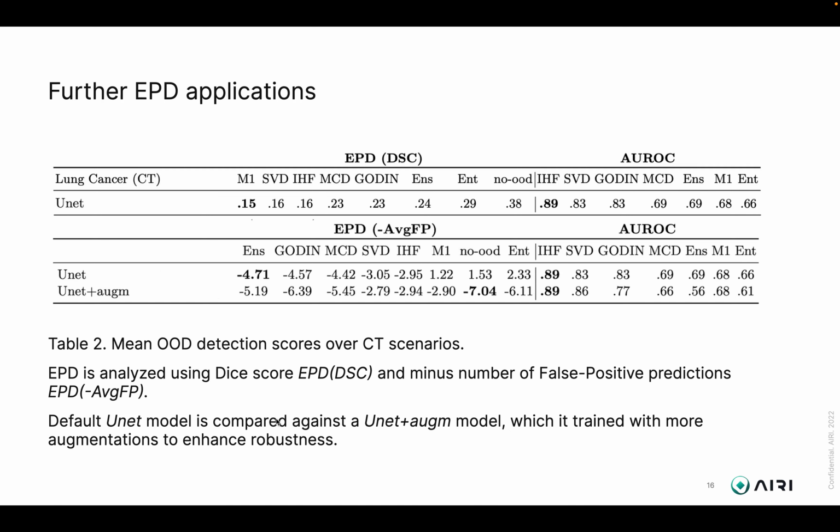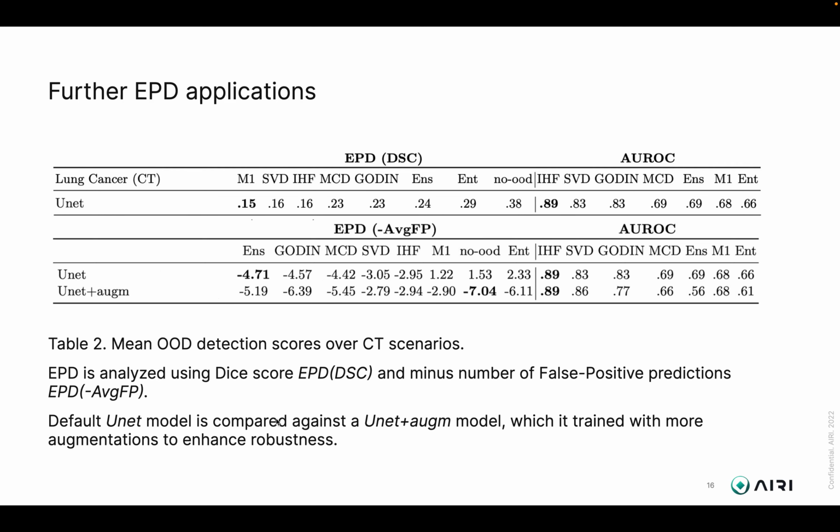Finally, the EPD metric provides a wider range of methods for analyzing and solving the problem. If we compare the ranking produced by the expected performance drop of minus the average number of false positive predictions, the second row, to the Dice score, the first row, we observe a different ranking, which highlights the ensemble ability to reduce false positive predictions.